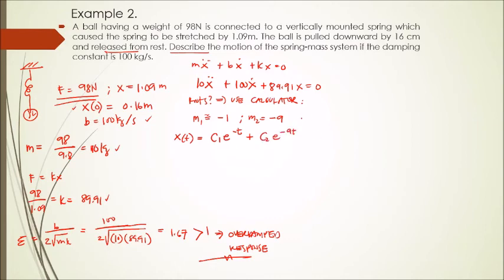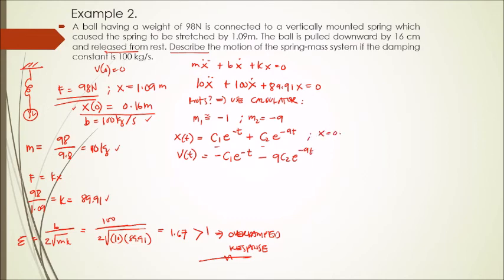Now we have the initial condition kani, and then at velocity 0 at time equal to 0. So since we have two unknowns, dapat to sa dato equation, that is to find c1 and c2. Then we have the derivative of x of t. We have negative c1 e to the negative t minus 9 c2 e to the negative 9t. Here we can substitute.